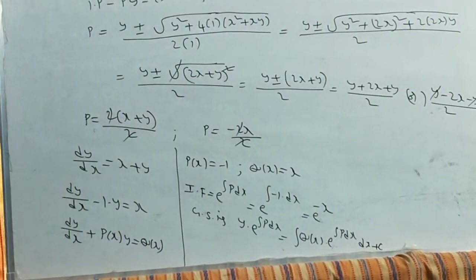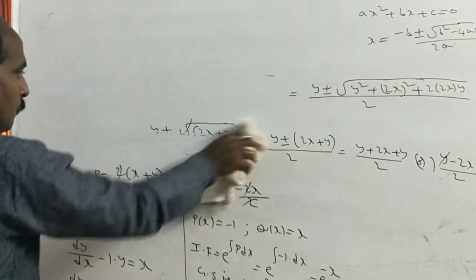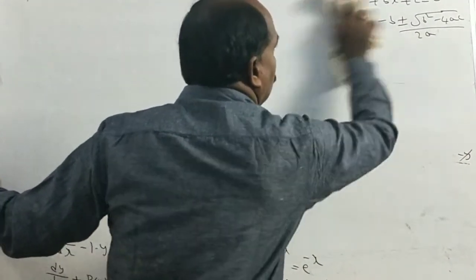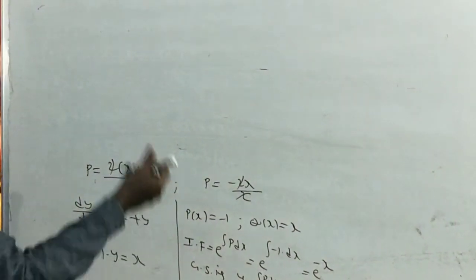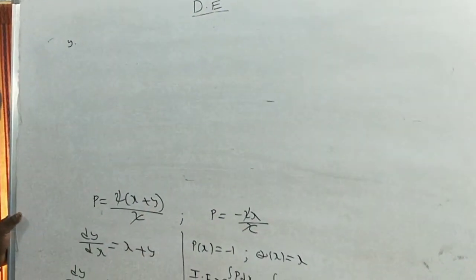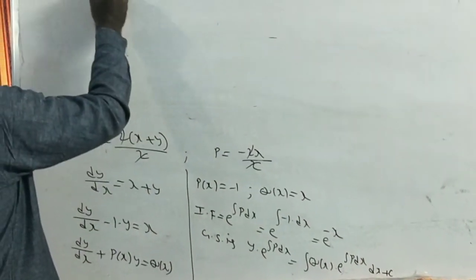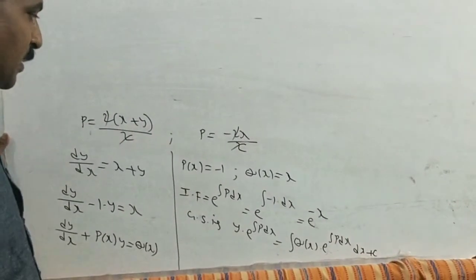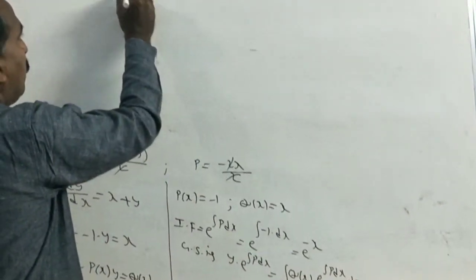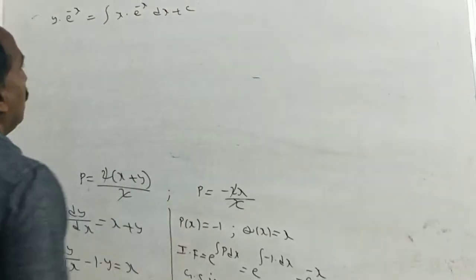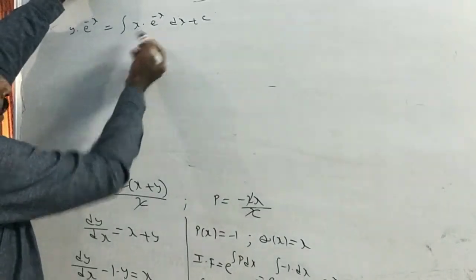This is the general solution for a linear differential equation. So we get y into integrating factor. Here the integrating factor is e power minus x, equal to integral q of x, where q of x is x, into integrating factor e power minus x into dx plus c, by applying integration by parts or chain rule.